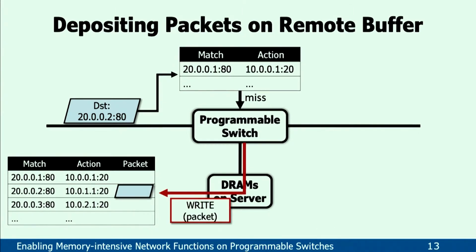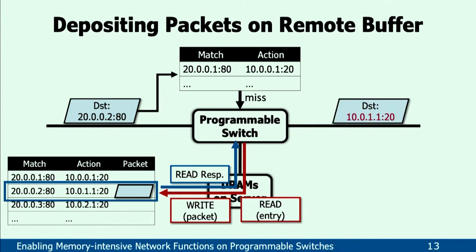Before sending an RDMA read request, we first store the incoming packet to the remote table, in remote memory, and then read both the table entry and packet back together. This way, the data plane can modify a packet with the remote table entry without using additional SRAM space.